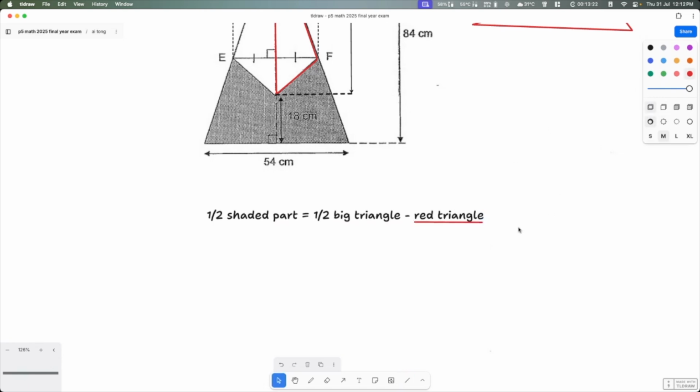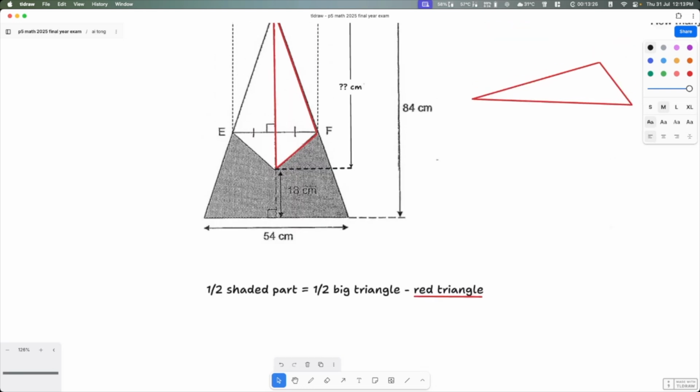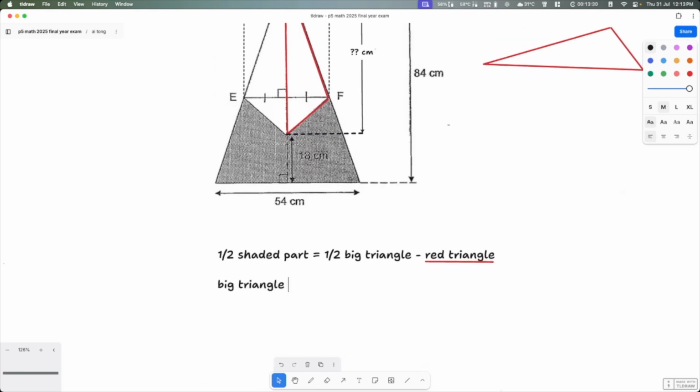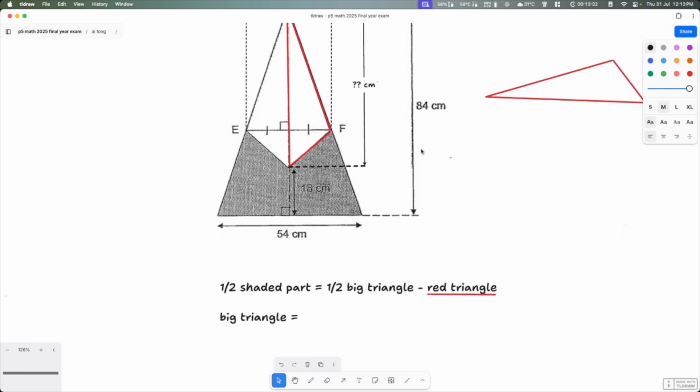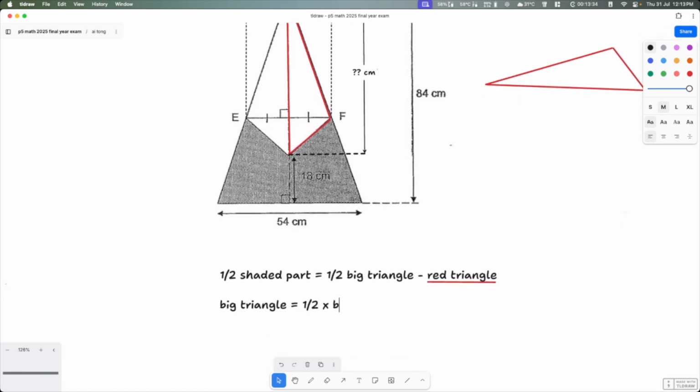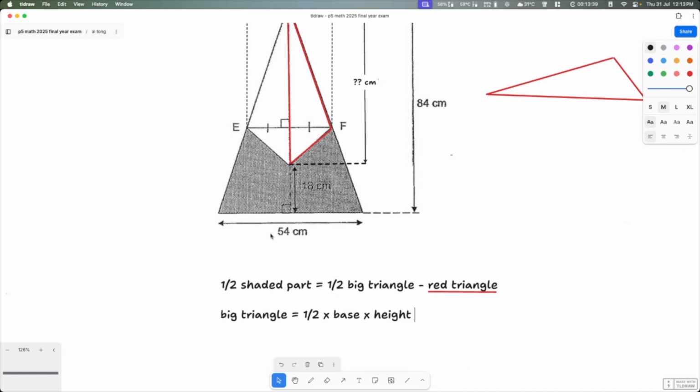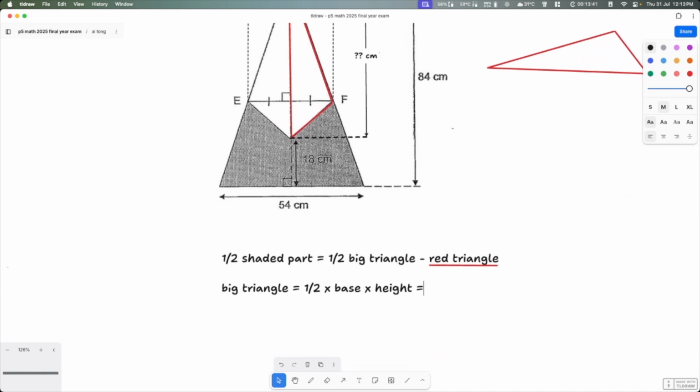So first, let's get the big triangle, which is half base times height. In this case, pretty straightforward. We know the base is 54 and the height is 84. So we just do half times 54 times 84.